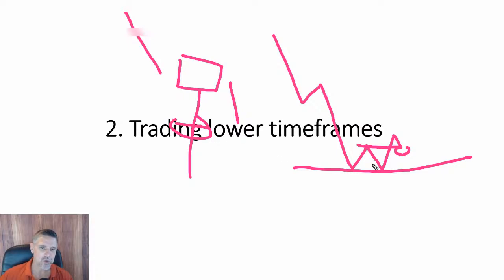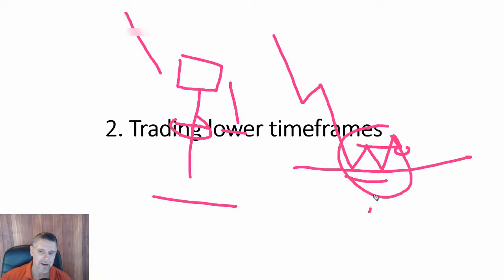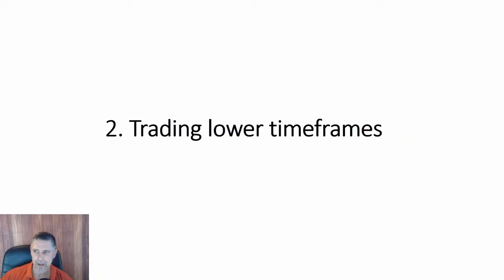So instead of just jumping in, I actually wait, because of the smaller time frame, for a pattern to occur, so then I can have a smaller stop loss. So maybe instead of putting my stop loss way down here, because of this pattern, I can put it into a smaller, closer area.